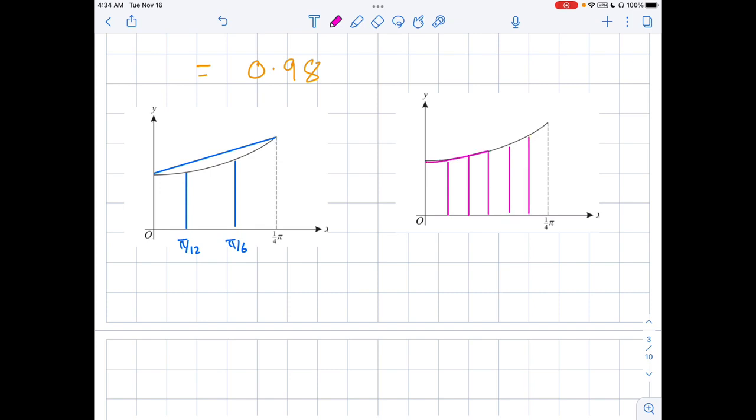Now what am I doing? I'm drawing the completing the trapeziums. I'm drawing the straight lines, you can see.